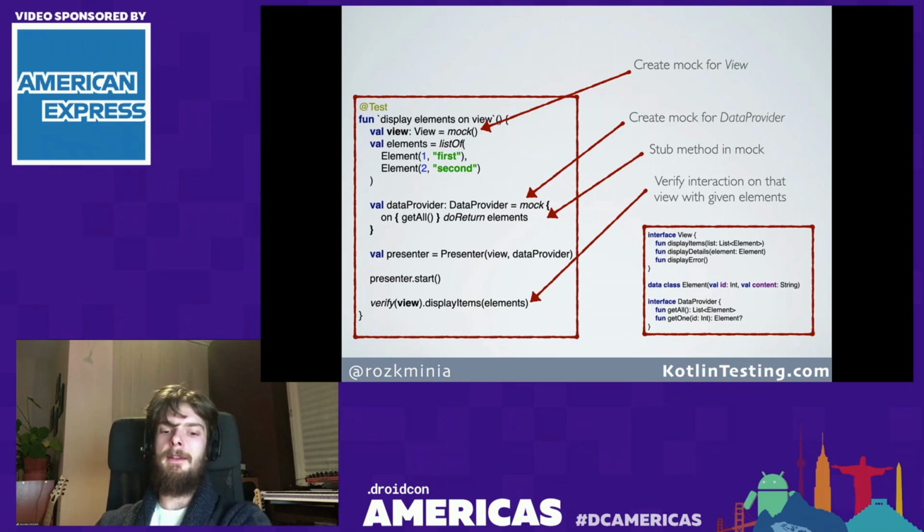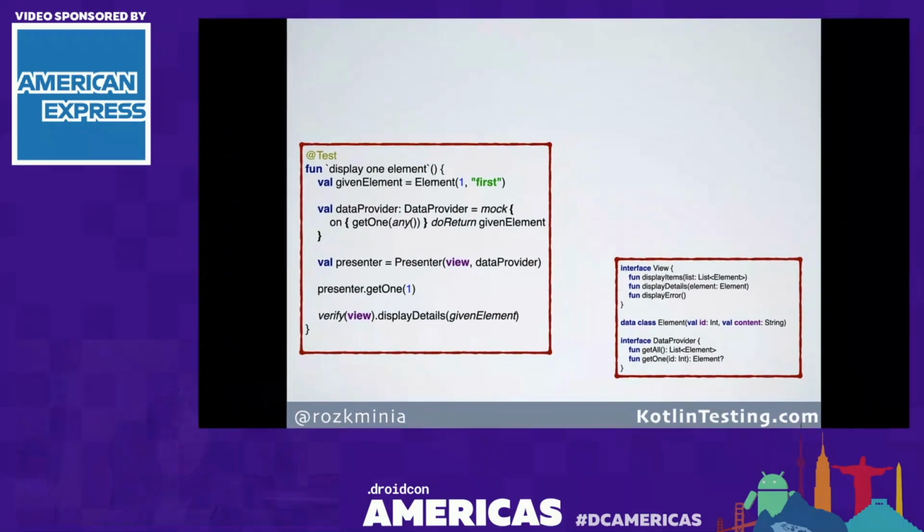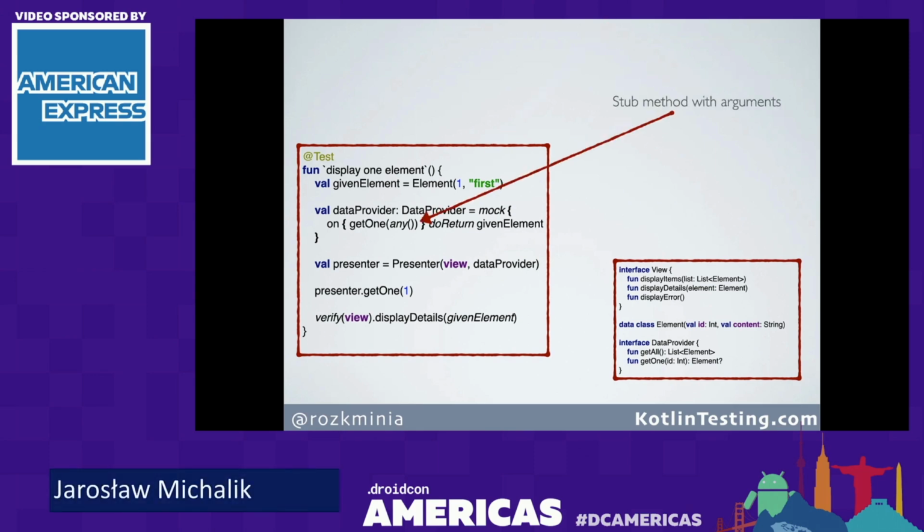That was a pretty straightforward example, so let's do something else. Another test case could be verification of displaying only one element. So here we will stub another method of the data provider, getOne. And we write that on getOne with any parameter, it should return the given element defined before. Any here is an example of a matcher.